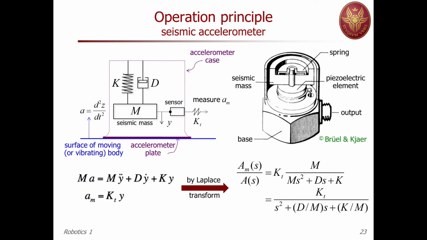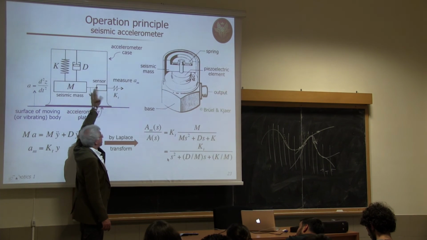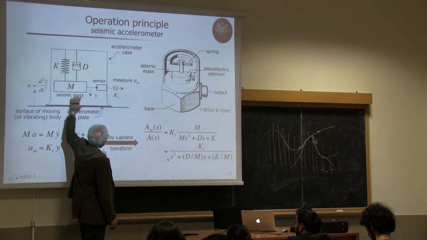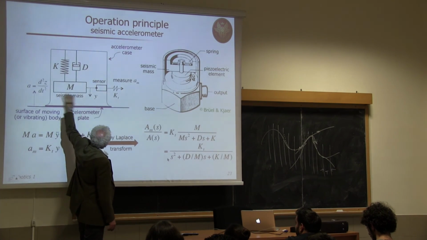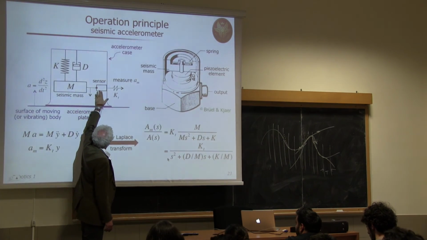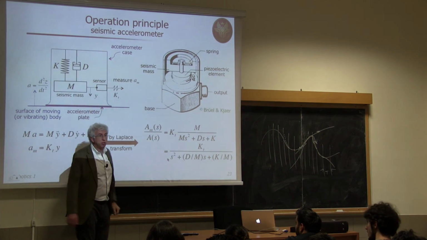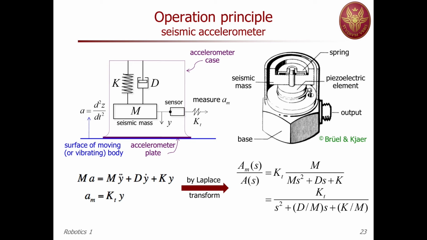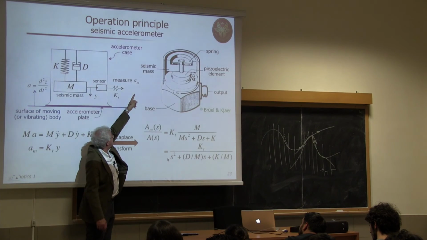M is known, and it's suspended by an elastic spring of known stiffness K, and it damps its motion with a damper with known damping coefficient D. Now, this seismic mass is connected, and there are different types of connection. For instance, in the previous slide, there was this piezoresistive material placed beyond. But anyway, this is the sensing device which measures some variation of the position of this mass, and then outputs some estimate, AM, of the acceleration.